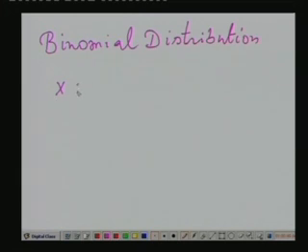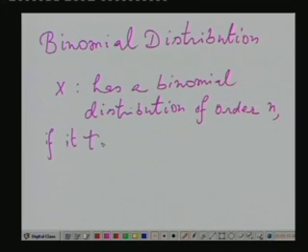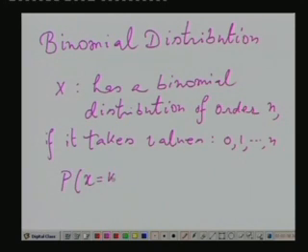We say that it has a binomial distribution if it takes the values only this, either 0 or 1 up to n with the corresponding probability like this. Okay. These are the probabilities.